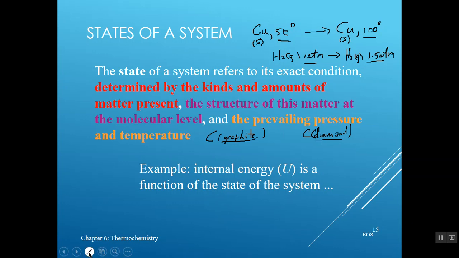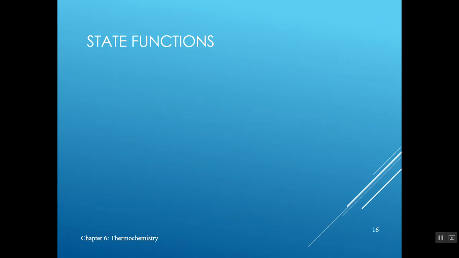I think I have it further into the slides, but it doesn't hurt to express it here. The change in internal energy would be equal to the final internal energy minus the initial. And the internal energy is what we call a state function. It's a function of the state of the system.